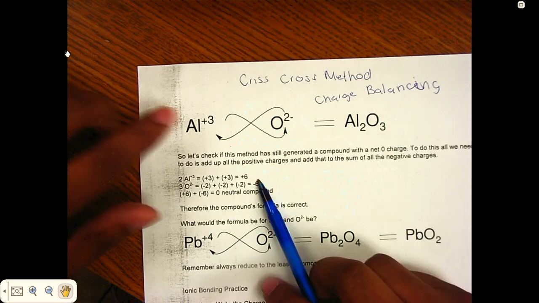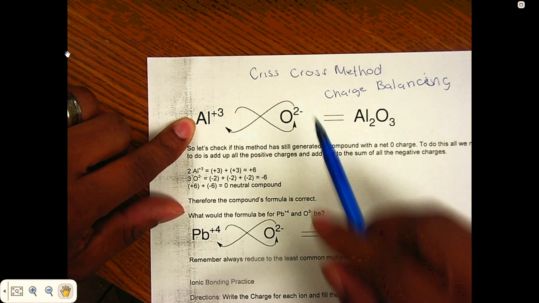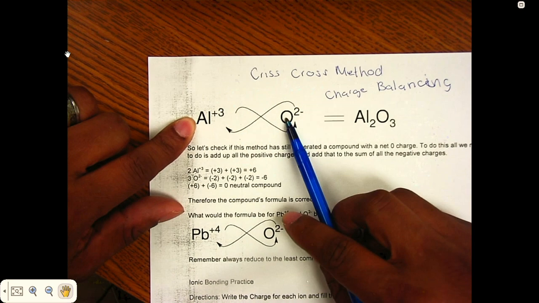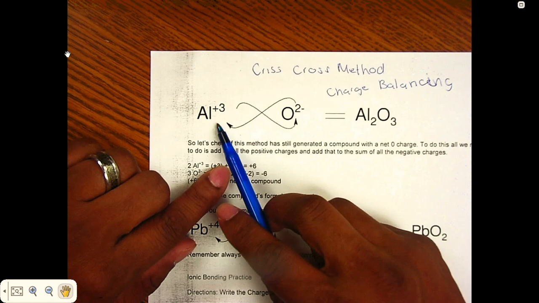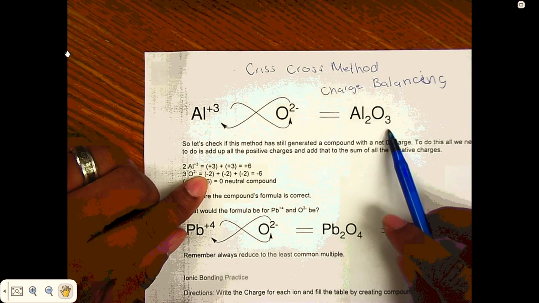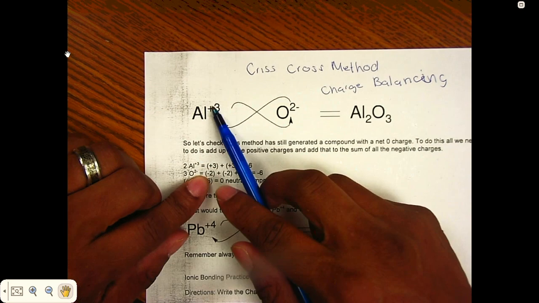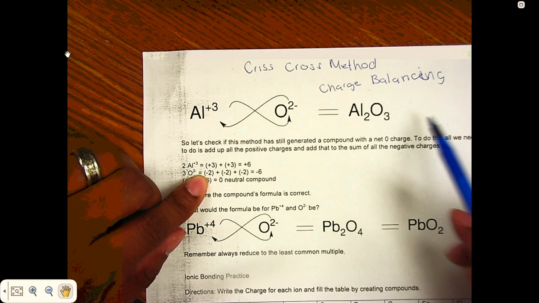Now, the crisscross method basically says if you know the ionic form of that compound and you know the ionic form of that compound, when they merge to form a compound, the 2 goes here and the 3 goes here, and they're dropping their numbers, which were once superscript, and now they become subscripts.